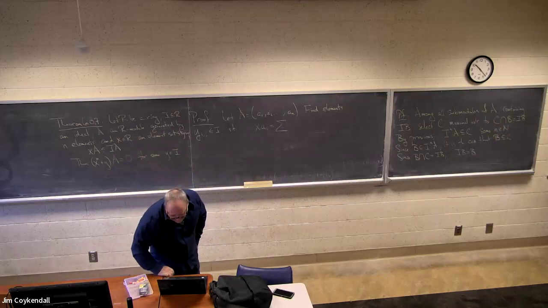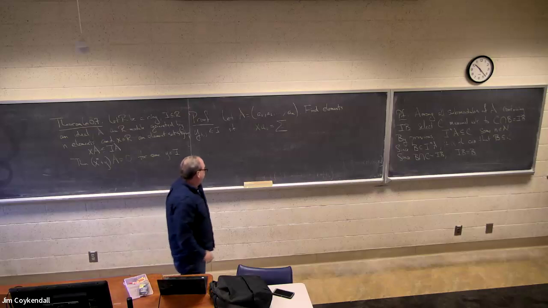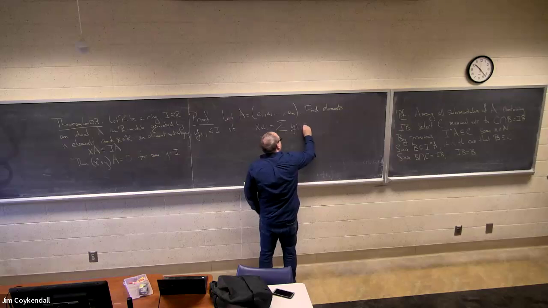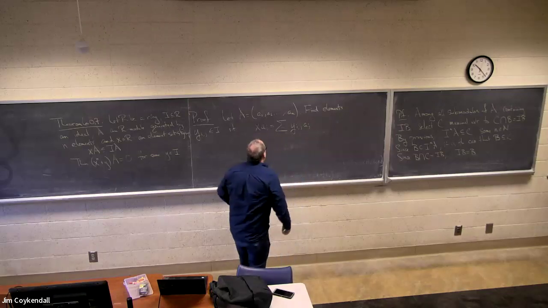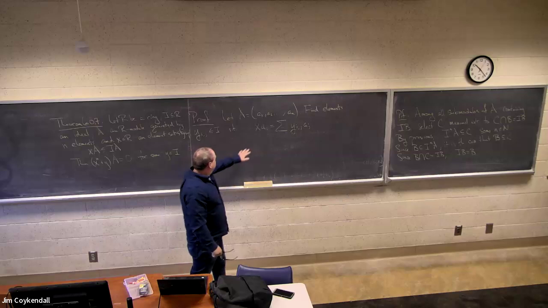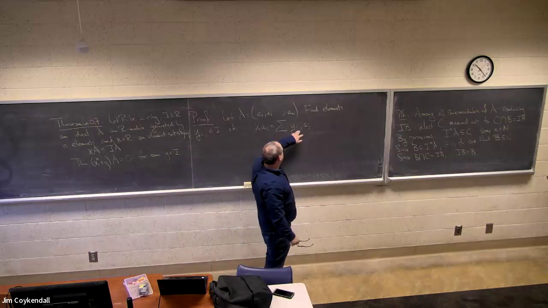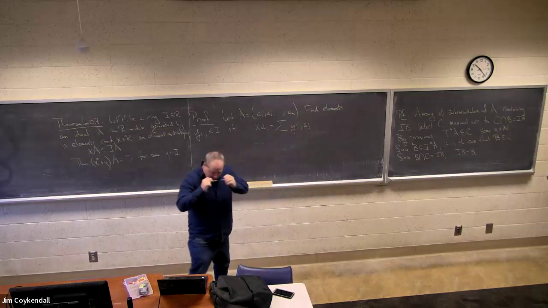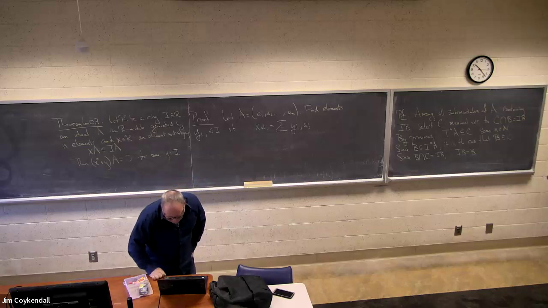So I can write it this way, the sum of y_ij a_j. So this means that x times any generator is a linear combination of these y_ij in I times the generators a_j.